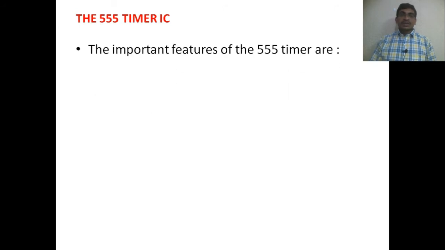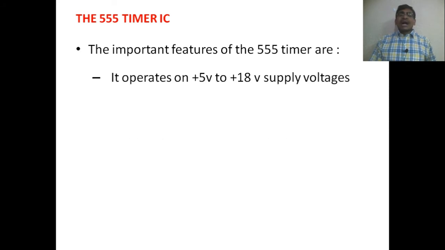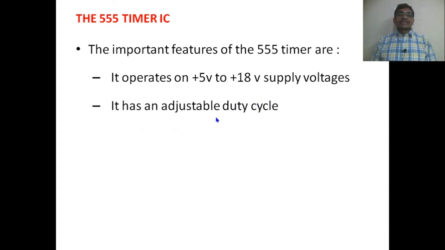The important features of the 555 timer IC are: it operates between plus 5 volts to plus 18 volts supply voltage, and it has an adjustable duty cycle. The duty cycle can easily be adjusted by using some pins.